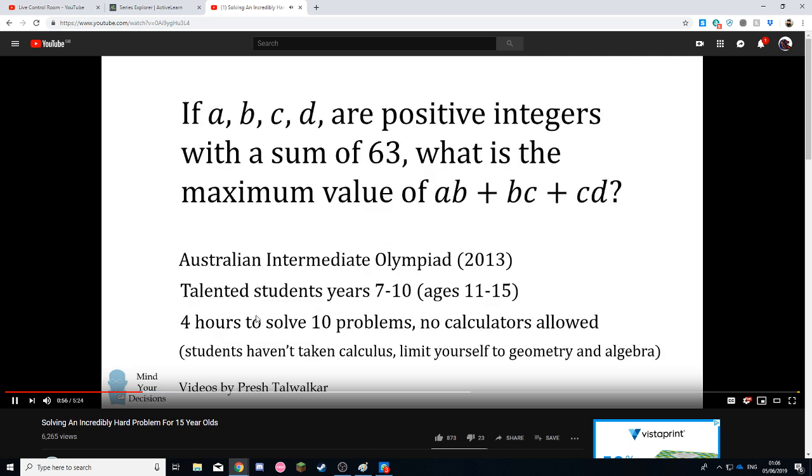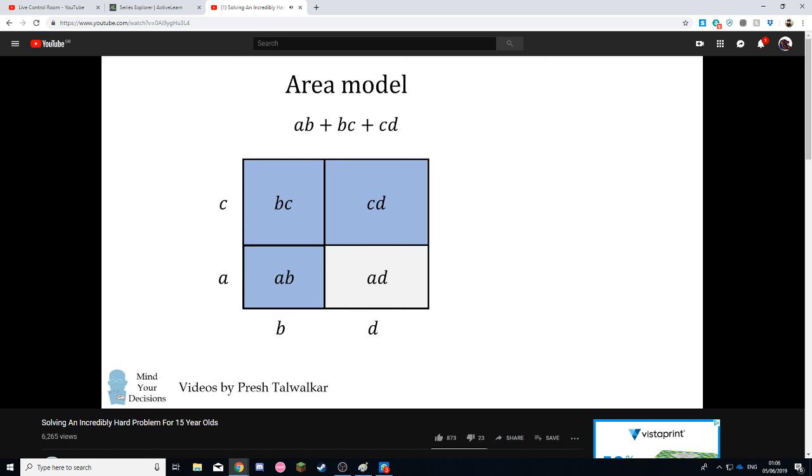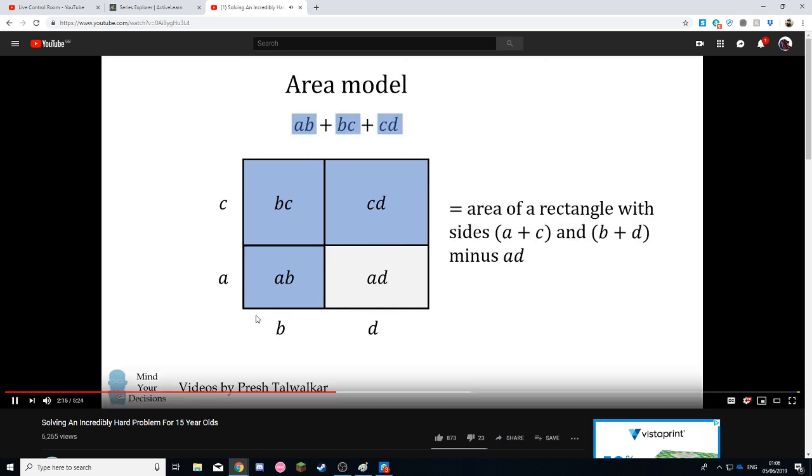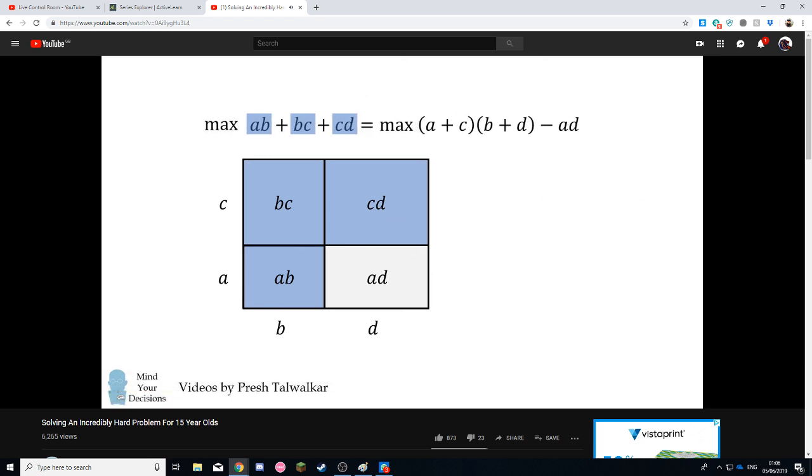Pause the video right now. It's a Maction abstract thing. Why would anyone? Let's use an area model and a width C. To get CD, we add a width of D. Let's complete this rectangle. This final rectangle here will have an area plus B of the entire rectangle, which has sides A plus C. Thus, well, to maximize the blue areas, we can equivalently maximize the area of this rectangle minus AD.